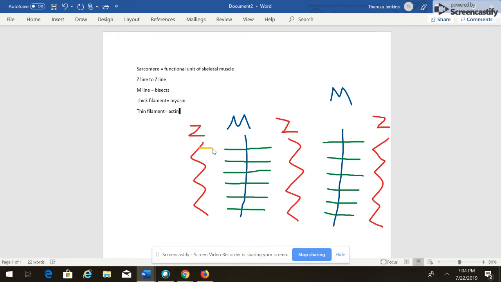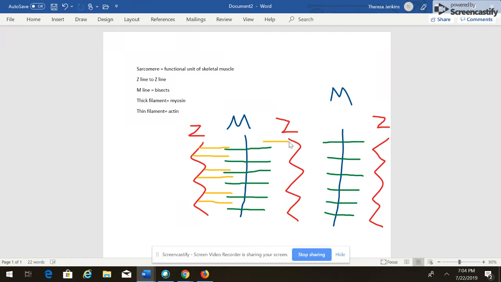The thing about actin and myosin is that these guys overlap, and this again becomes important when we talk about sliding filament theory. These guys overlap and they interdigitate among one another.